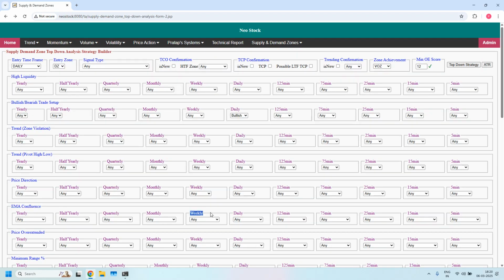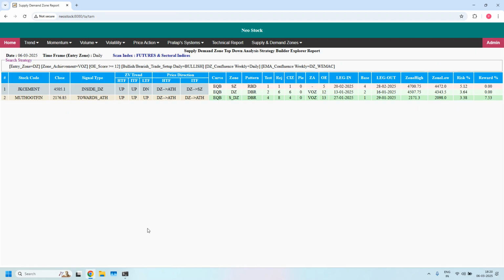EMA confluence, weekly time frame, I am setting weekly demand zone having weekly EMA confluence. Anyway, trend is uptrend. So we got 2 stocks. ITF trend is up, and ITF zone having ITF EMA confluence. ITF means weekly. Weekly trend is up and weekly demand zone having weekly EMA confluence.